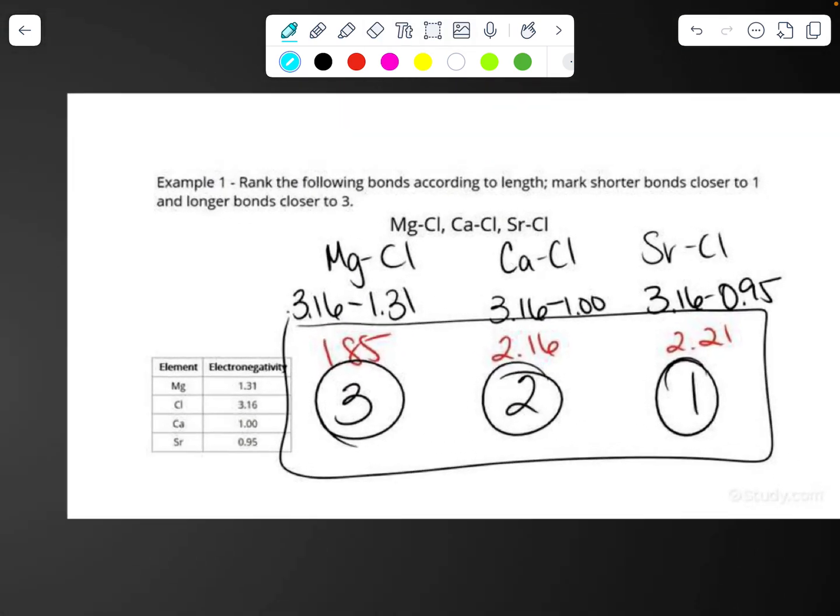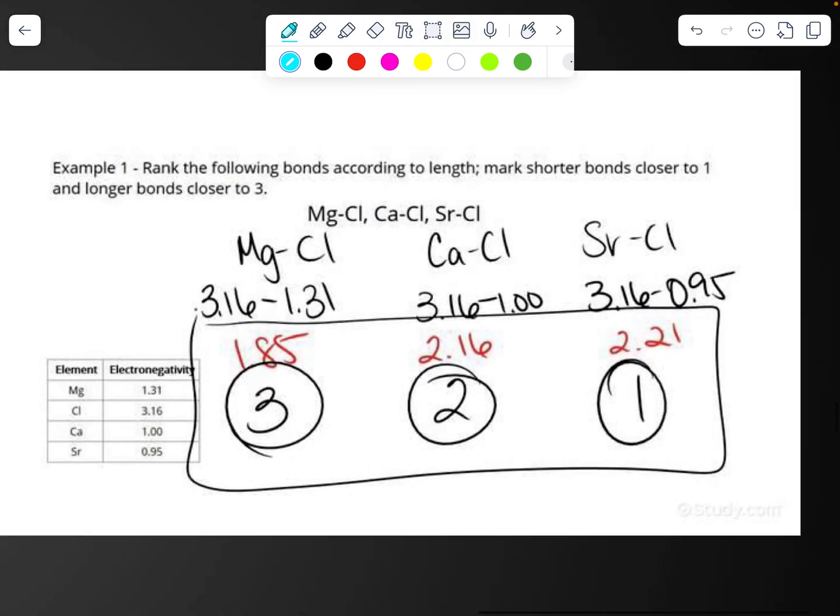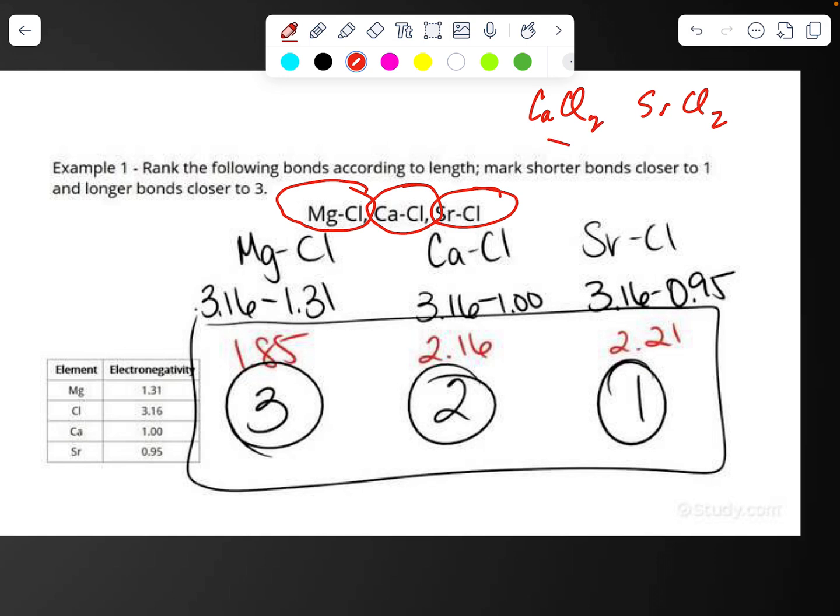This is an example here, and I have 3 compounds, or 3 bonds to consider: magnesium chloride, calcium chloride, and strontium chloride. The compounds that are actually formed would be SrCl2, CaCl2. This is good because all the ice on our streets, this is what they put on the streets to melt that ice. And MgCl2 all have this kind of arrangement.